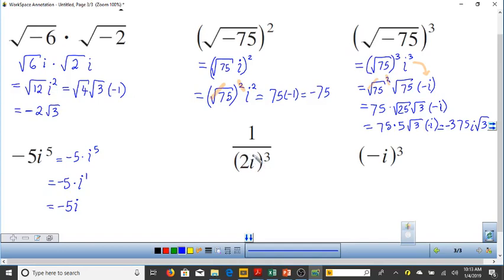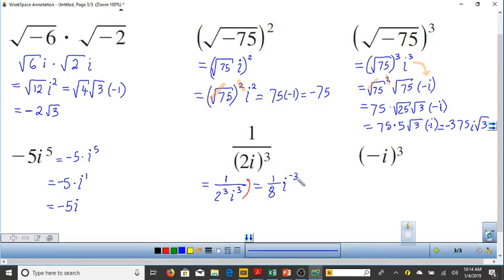Next example, if we have 2i to the negative 3, we can do this by distributing the exponent, so we get 2 cubed times i cubed. Now 2 cubed is 8, but i cubed, we can move that to the numerator, and that will give me 1/8 times i to the negative 3.